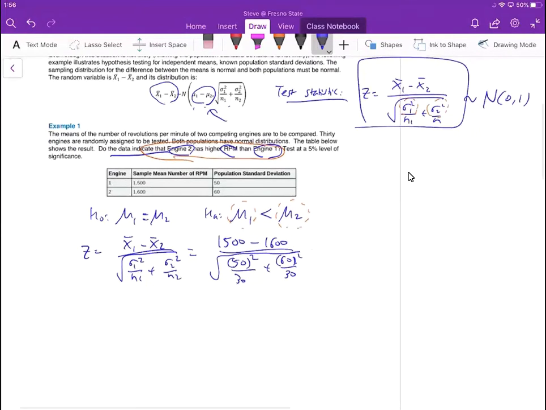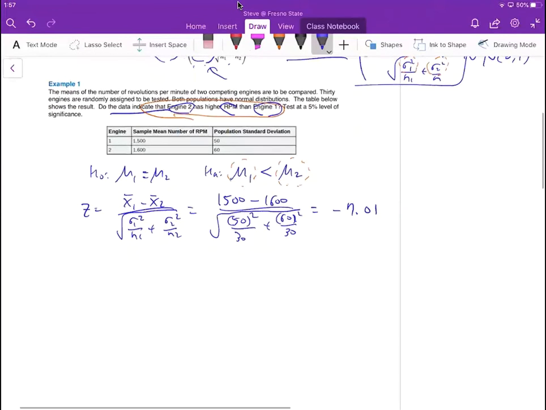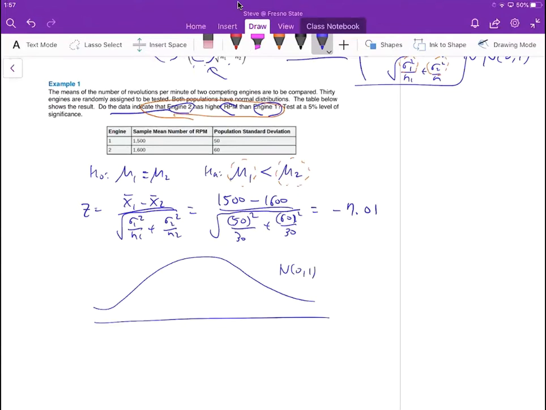Okay, and let me compute this. Let me see what the value is. So this is about negative 7.01.